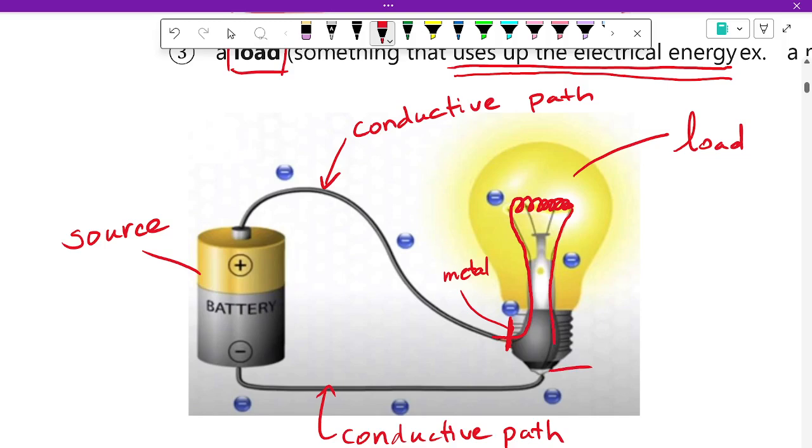There's another little bit of metal at the bottom. So a full conductive path would have a wire touching the side of the battery and a wire touching the metal part. If you don't have two wires, you would just touch that metal to the terminal of the battery itself. So you were lacking that second wire. The second wire just makes it more convenient.